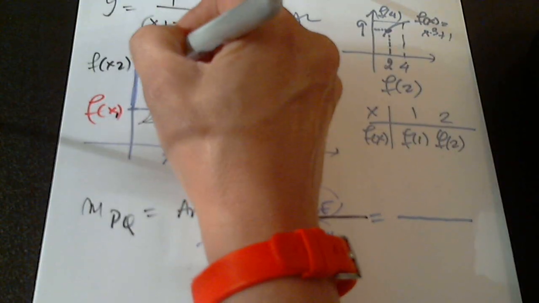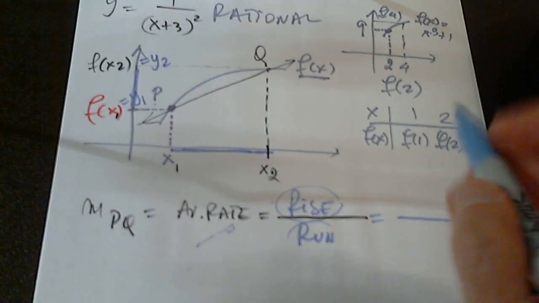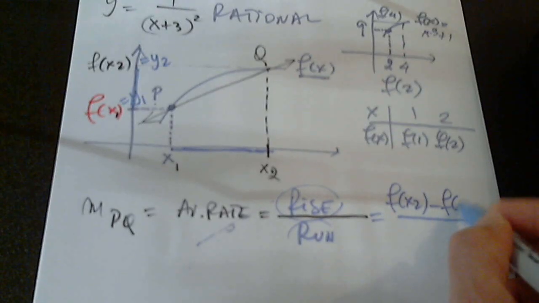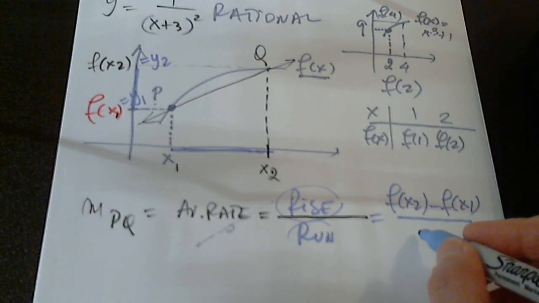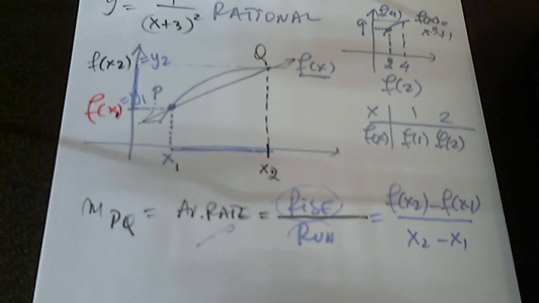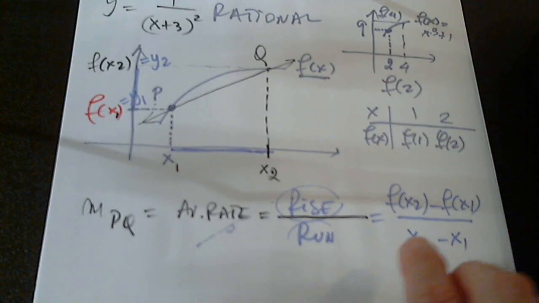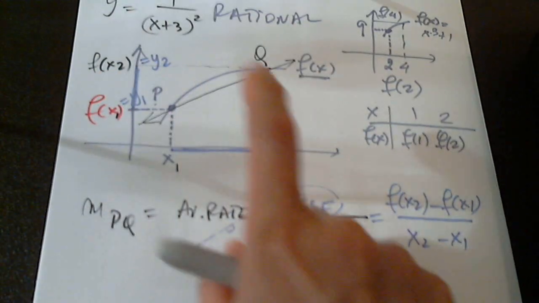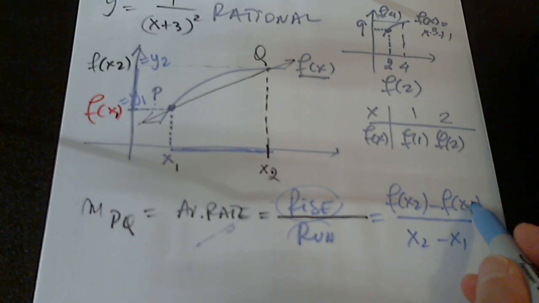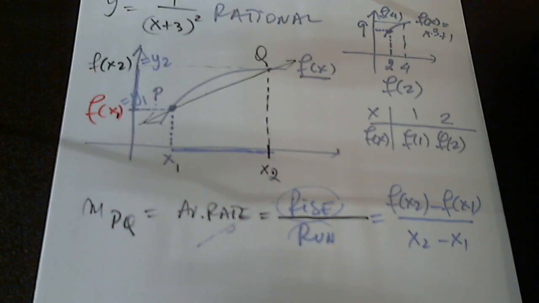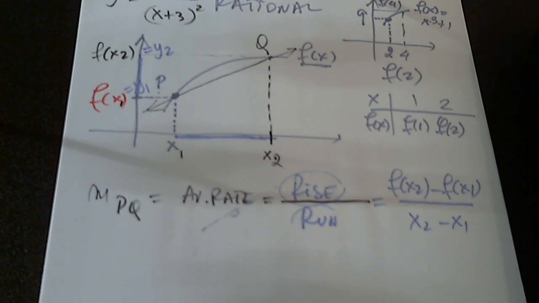This is the same with y2 and this is the same with y1, but we will write f of x2 minus f of x1 over x2 minus x1. Excellent. They have to be in the exact order that you see them here. f of x2 minus f of x1 over x2 minus x1. f of x2 corresponds with x2, f of x1 corresponds with x1. Excellent. So this will give us the average rate of change in my silly example, the 25 miles an hour.